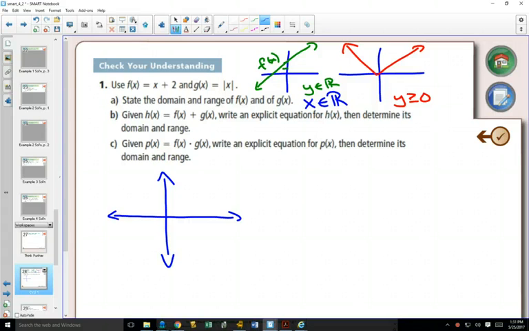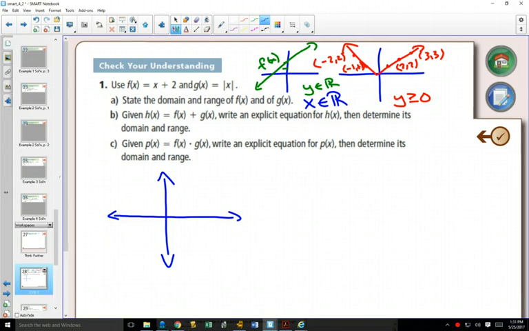First of all, you know that these points on here are like so. And you could label some points on this graph as well.